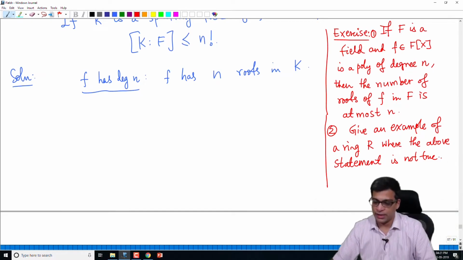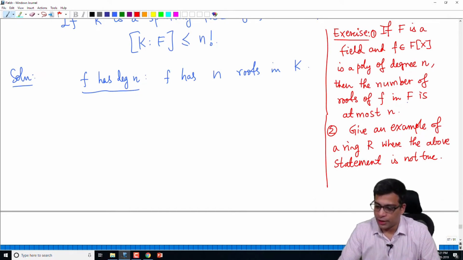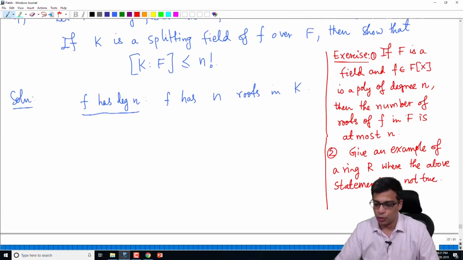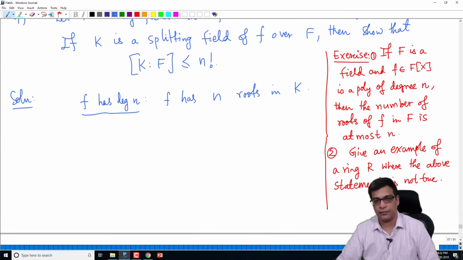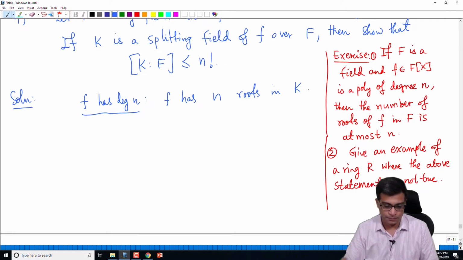So the difference is that you can divide by the factor x minus alpha if alpha is a root here. In general, you cannot divide by it. Okay, so I will not talk about this. This is a good exercise for you to do as a way of understanding both the ring theory and the field theory part of this course. Okay, so I will skip that. I will leave that as an exercise for you. You can ask questions about this in the discussion forum.